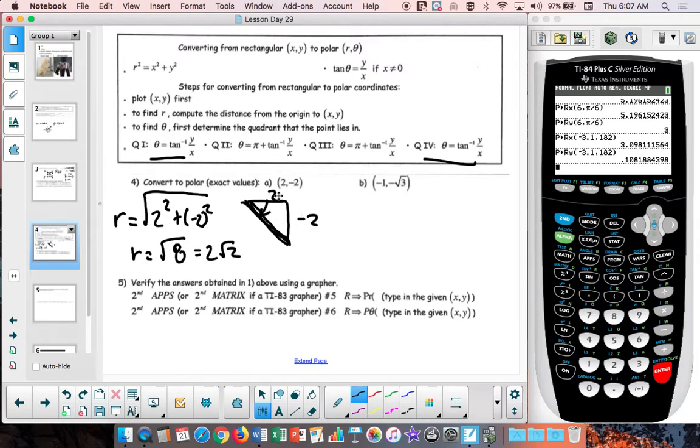These are the same length, so the same absolute value. And so that means that we have an isosceles triangle. This is a root of pi over 4. So this should be negative pi over 4, or you could go the other direction and go 7 pi over 4. Doesn't really matter. If you type it in your calculator, it would give you the negative pi over 4, so I'm going to go with that.